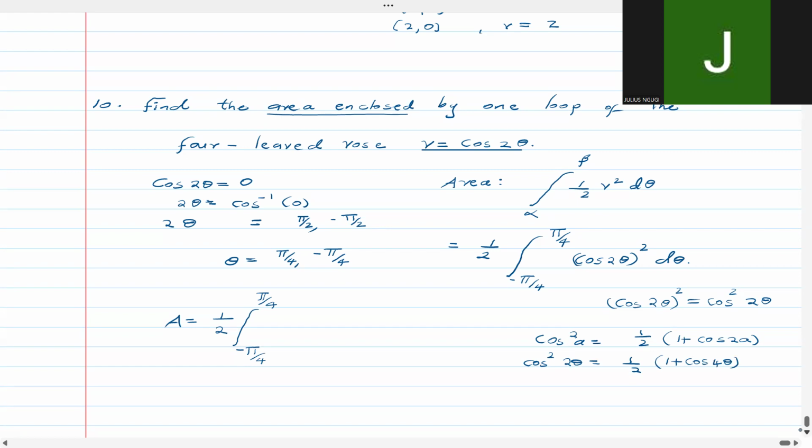So we have another half, 1 plus cosine of 4 theta with respect to theta. So we have 1 over 4 outside, and then we integrate from minus pi over 4 to pi over 4, 1 plus cosine of 4 theta with respect to theta.